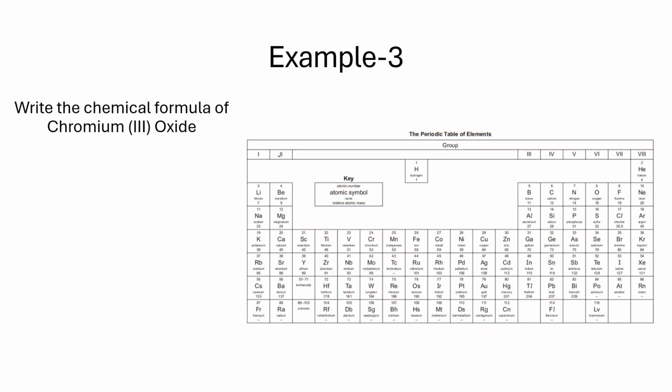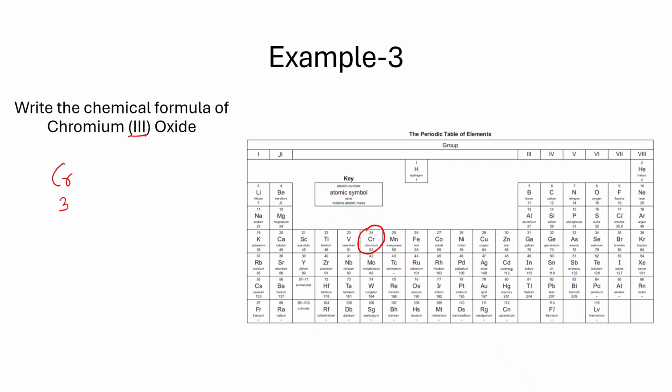Alright, so we see that chromium is a transition metal again, and its symbol is Cr. And as is shown in the name, the valency that is being shown by chromium is 3. So we write 3 here.